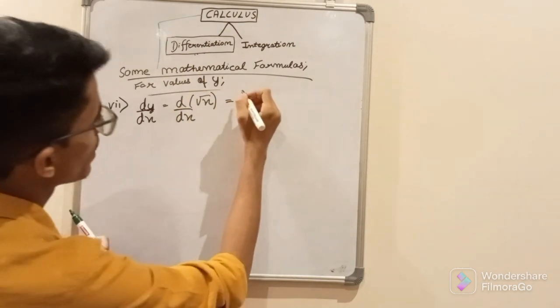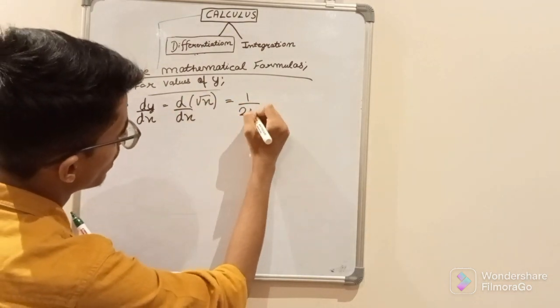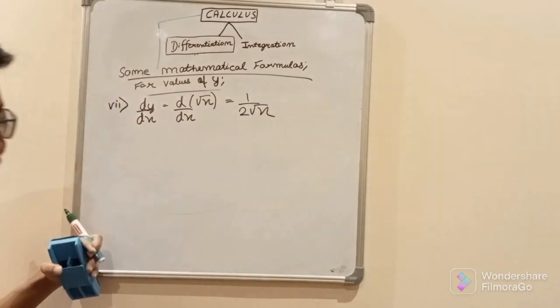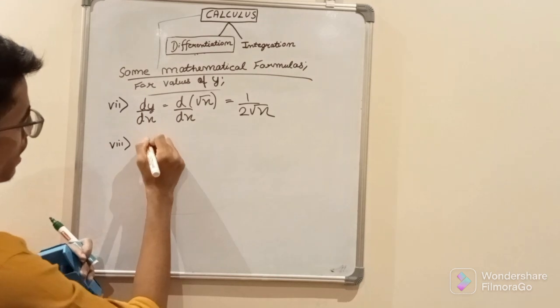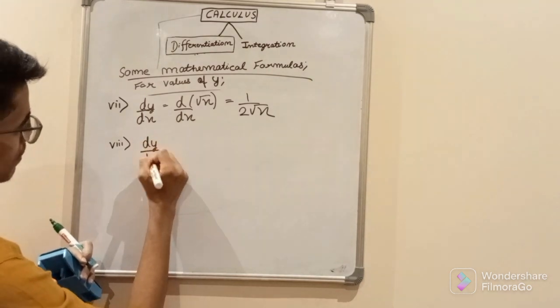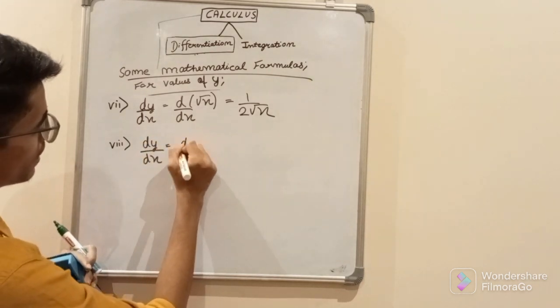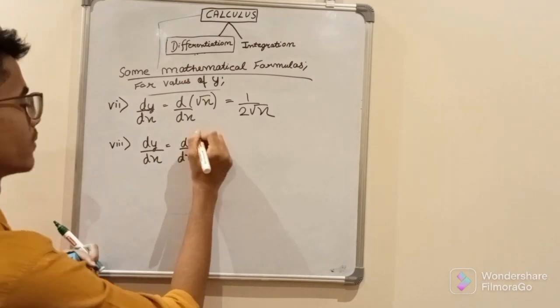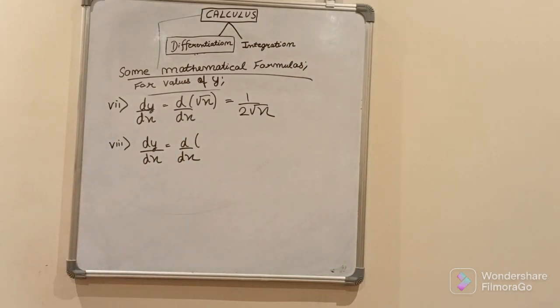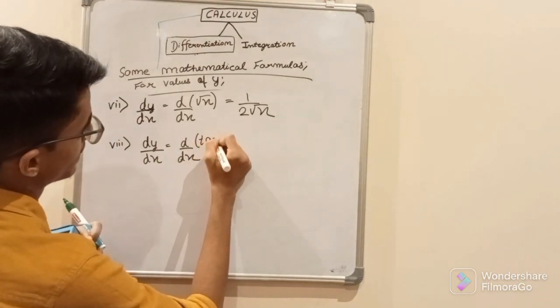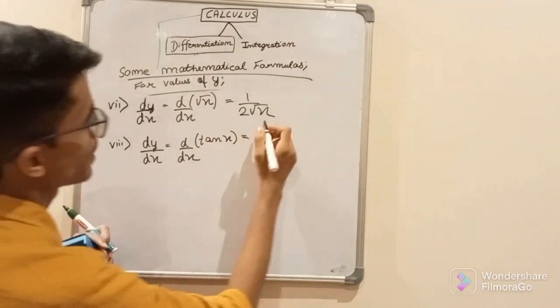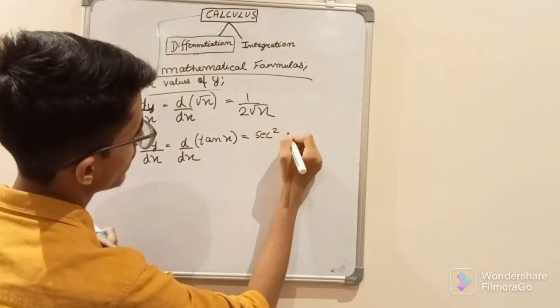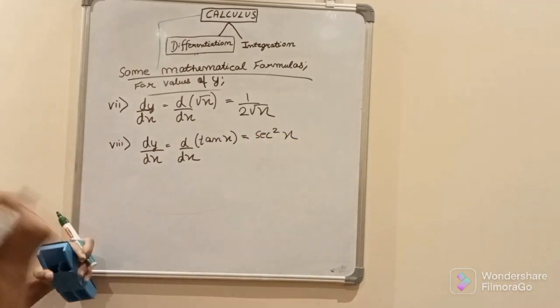The differentiation of root x is nothing but 1 upon 2 root x. Next, d by dx of, let's say, tan x. The differentiation of tan x is sec square x.